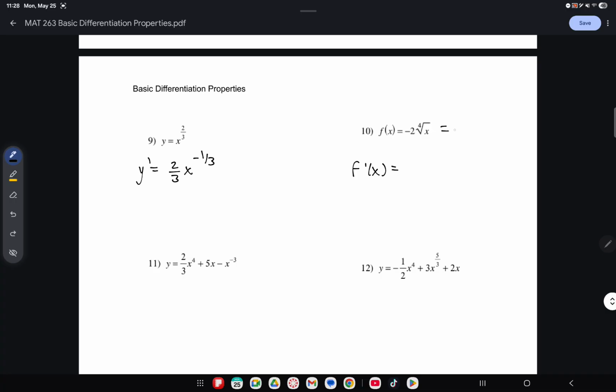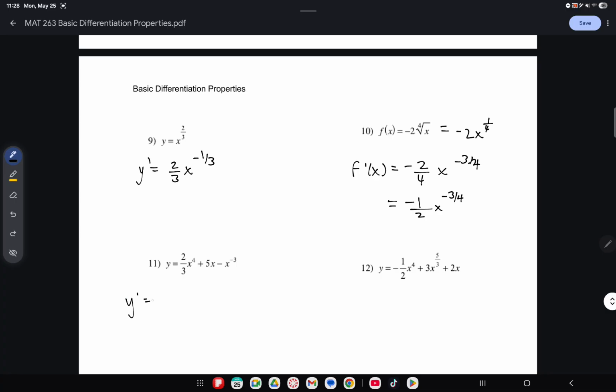I'm going to rewrite that as negative 2x to the 1/4. So we get negative 2/4 x to the negative 3/4, if I can write that neatly. And then I'll simplify that fraction. So negative 1/2 x to the negative 3/4.